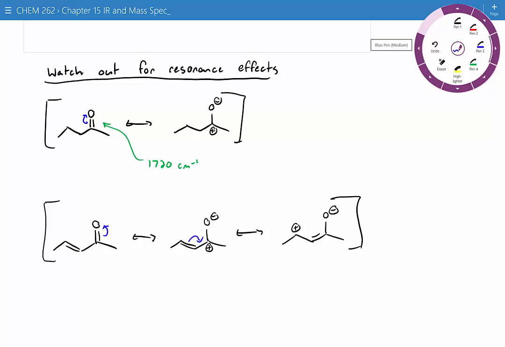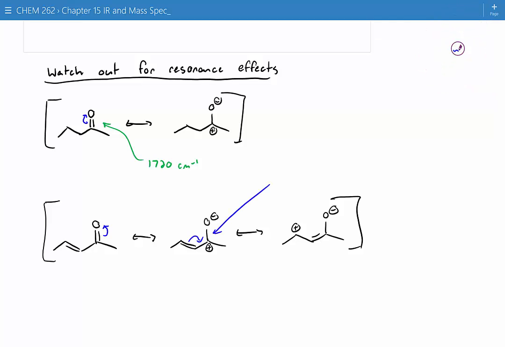So if we look at this bond, it is more single bond like, because we've got 2 resonance structures where it's shown as a single bond, where if we look at this one right here, this bond is less single bond like.